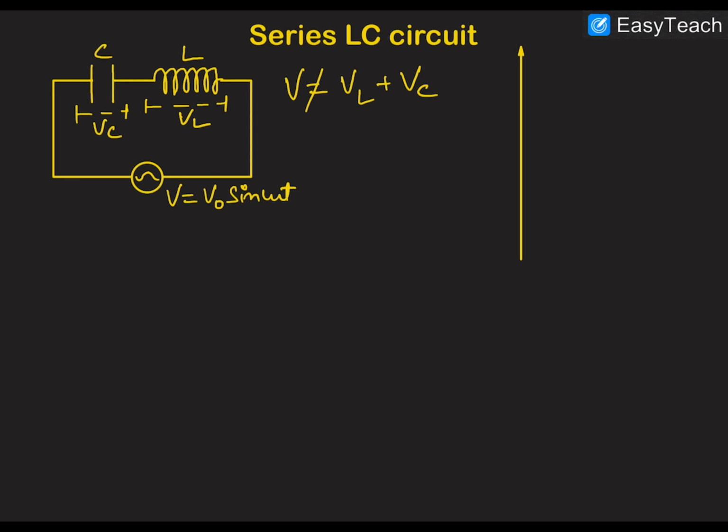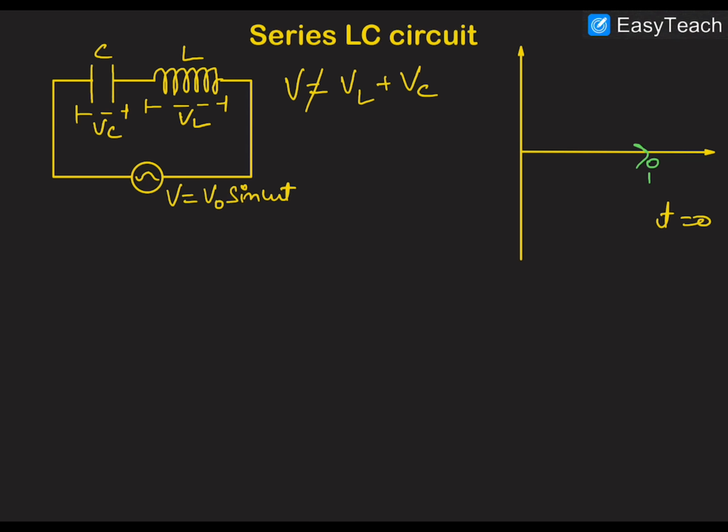So let us draw the phasor diagram. This is a phasor diagram of this circuit, and it is drawn at t is equal to 0. We will be placing the current on the x-axis because current is the reference physical quantity here, as we know that in series circuits, current remains the same.